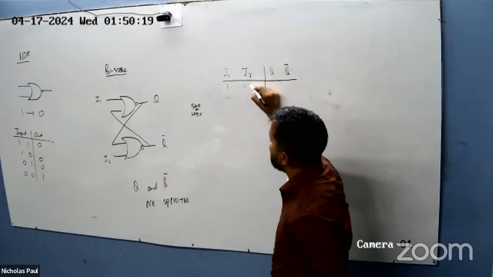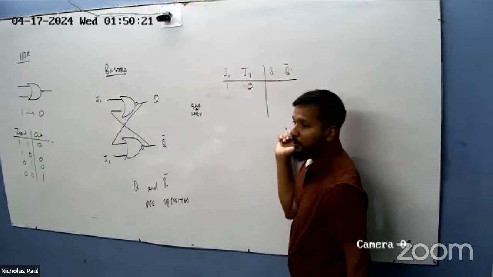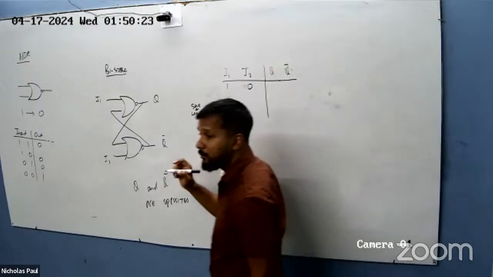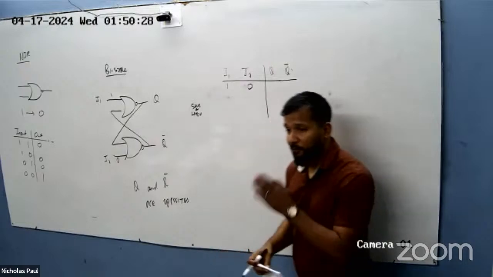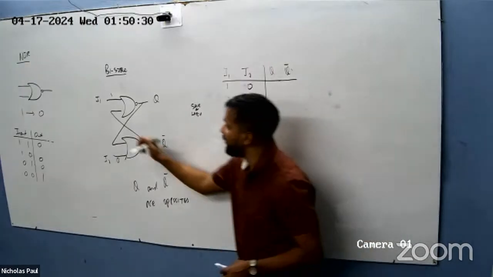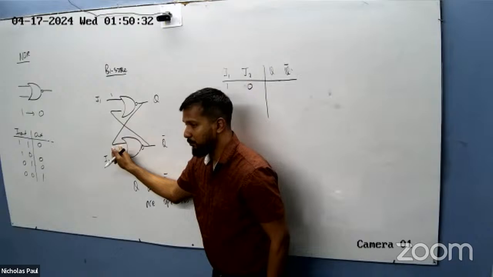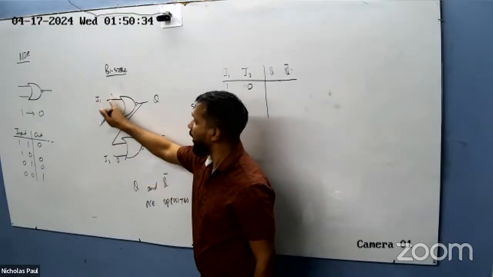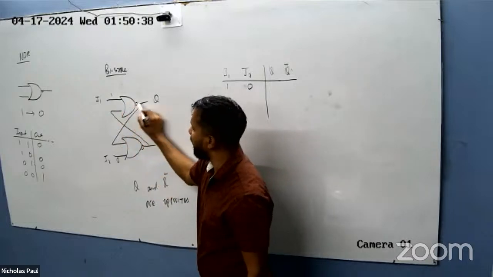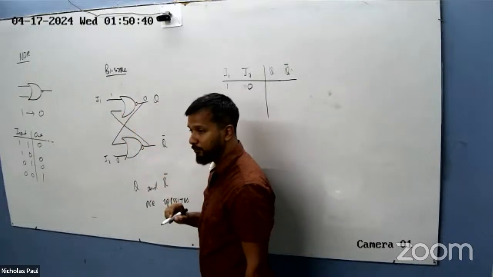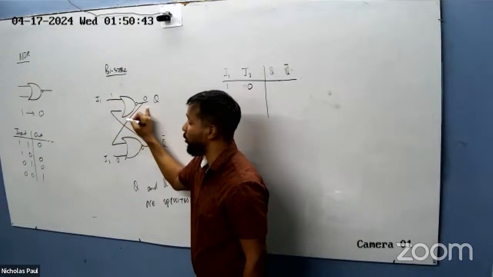When you have a 1 and a 0, we can figure out the output without even having an input here. How do we know that? Because we know a 1 in a NOR gate will always give me a 0. So a 1 in this NOR gate will give me a 0, no matter what the other input is.